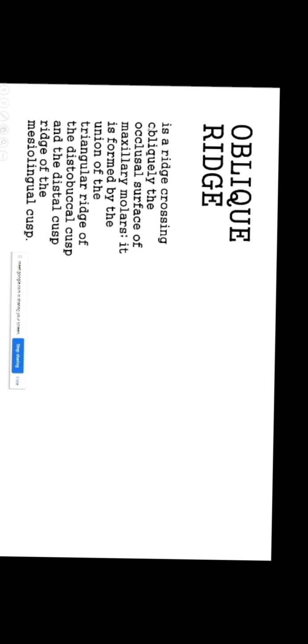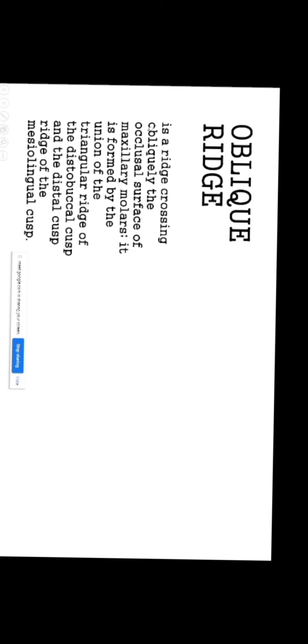For now, note the oblique ridge, crossing obliquely the occlusal surface. It is formed by the distobuccal cusp and the distal cusp ridge of the mesiolingual cusp, the mesial or lingual or palatal cusp. That's why: distobuccal and mesiolingual, oblique ridge. Don't be confused by this.